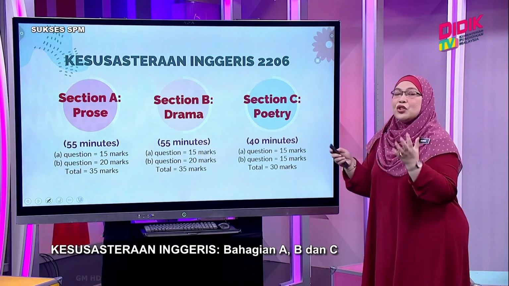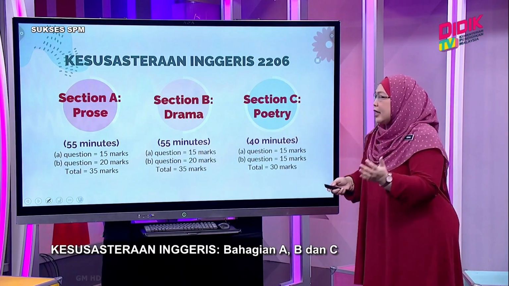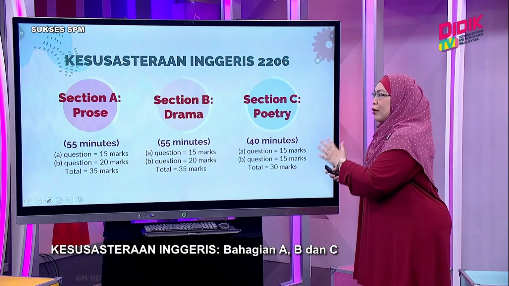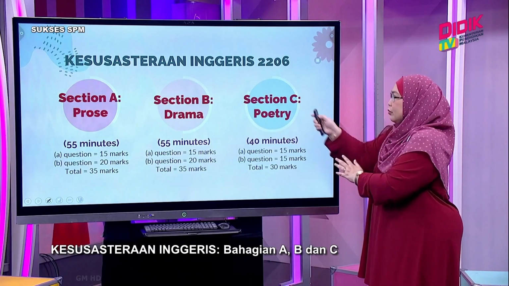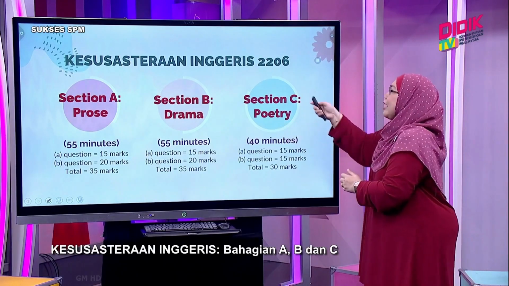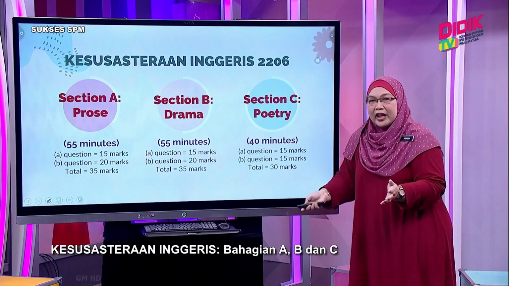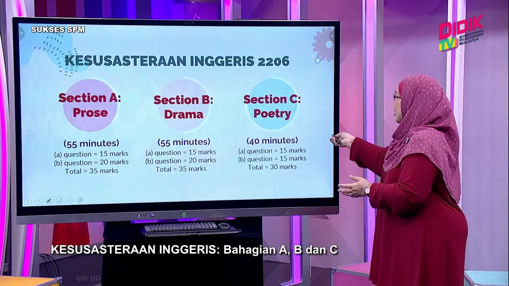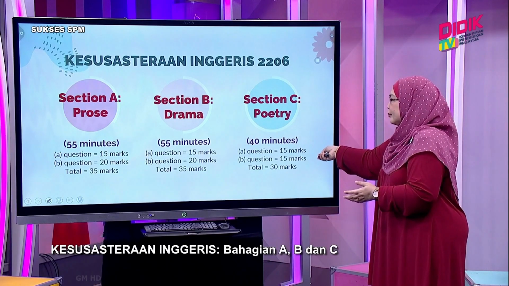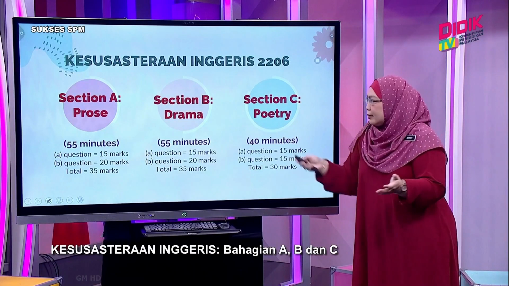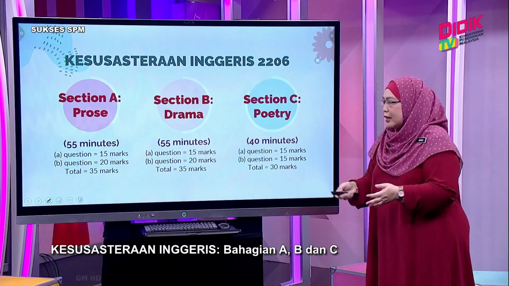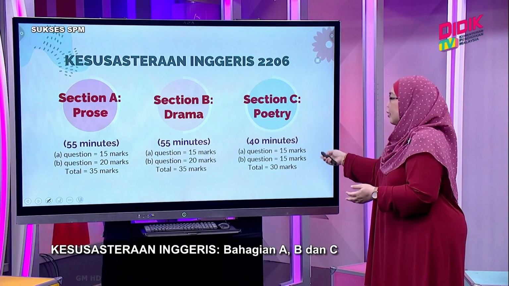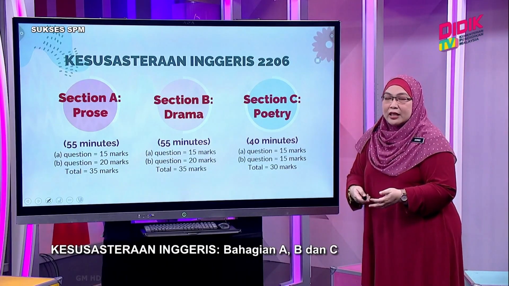So we suggest candidates take about 50 to 55 minutes each for prose and for drama. And when you get to section C, it's 20 minutes each perhaps, because both questions, A and B, are valued at 15 marks each.